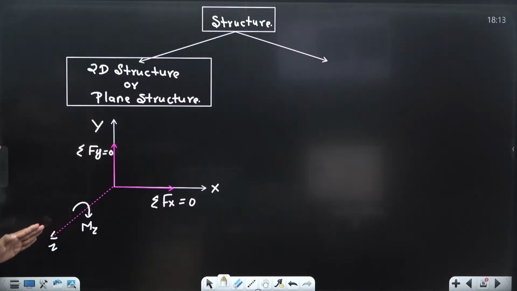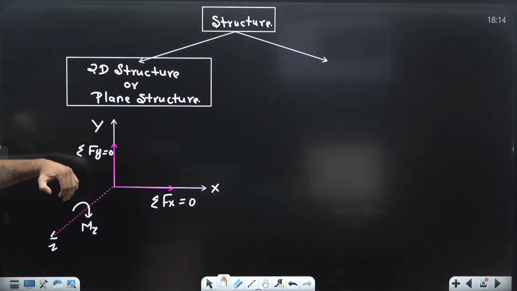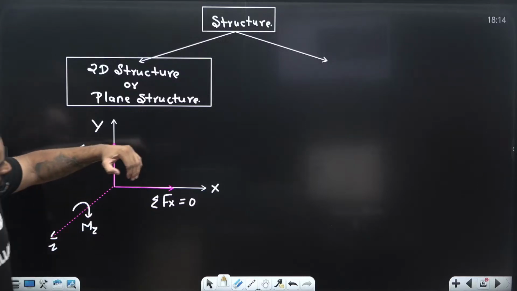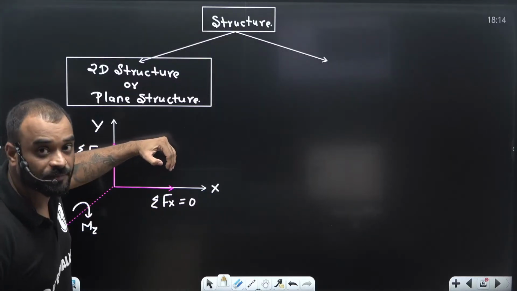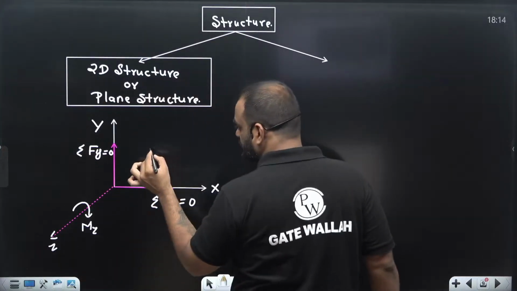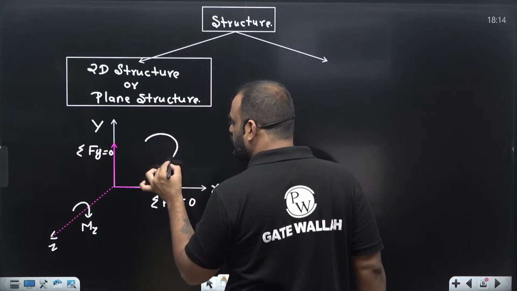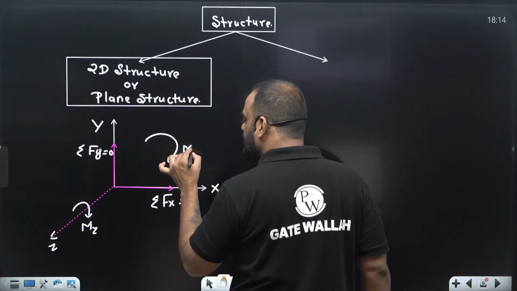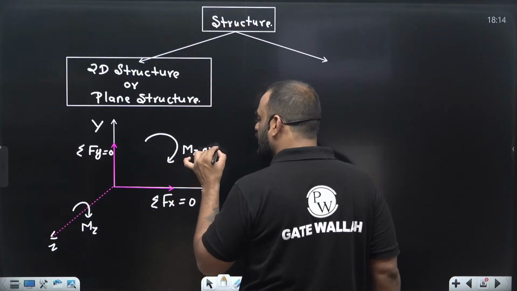Understood? Kindly observe this moment, guys, which is about the z-axis. This is our z-axis and a moment is applied like this. Then this moment will lie on this particular plane, right? So that's why we usually write Mz or Mxy.